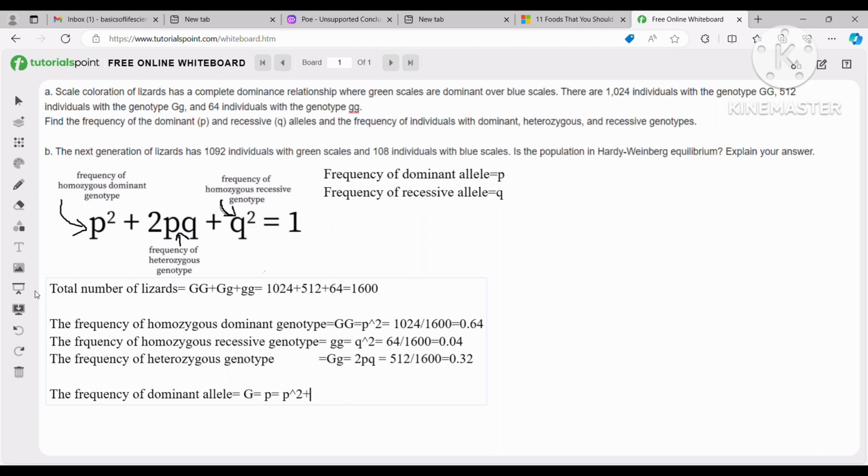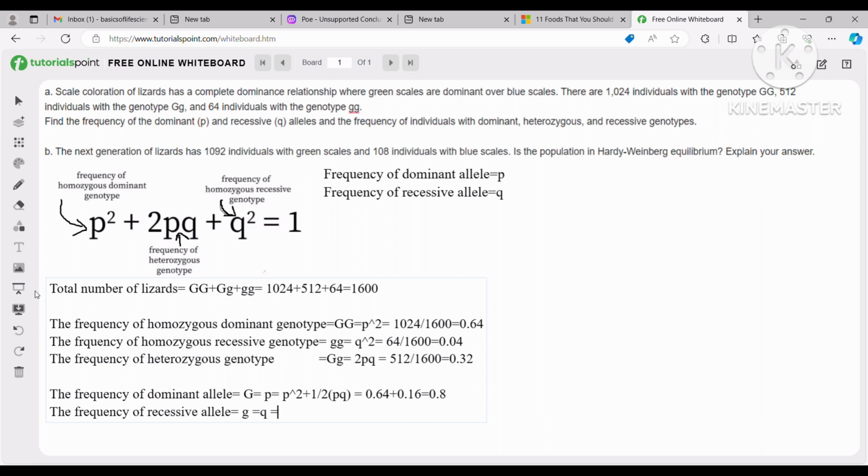If you take the heterozygous population, they carry both the dominant allele and the recessive allele. That is the reason, from 0.32, 0.16 will have the dominant allele and 0.16 will have the recessive allele. That is why you add 0.16 to 0.64 to get the frequency of the dominant allele. So the frequency of the dominant allele is 0.8.